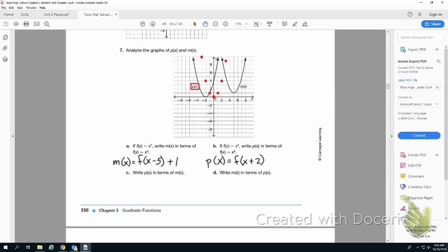Alright, so on C and D, this is disregarding the parent function, and now we're going from one of the parabolas to the other parabola. It's the same idea, but this is just a very SAT, ACT type question, as opposed to going from the parent function every time.